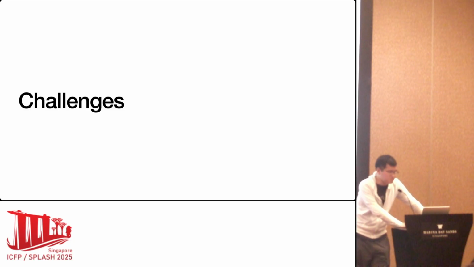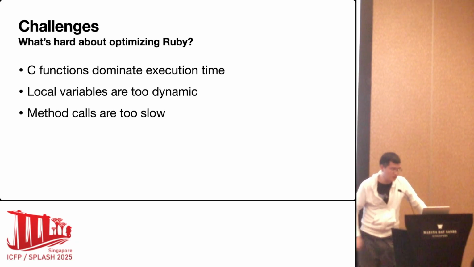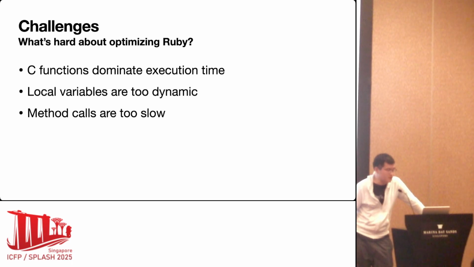So I'm going to talk about the main challenges in optimizing Ruby and how we are planning on fixing those problems. The main bottleneck in Ruby is that C functions dominate execution time.